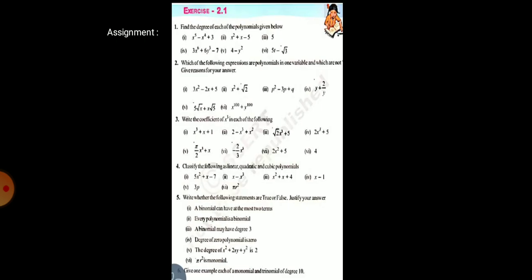Now, this is assignment 2.1 in your exercise. It's very easy. All of you can do it and get the satisfaction that you understood everything. And all of you should write every slide as notes in your classwork. The first chapter is already completed. Second chapter, don't lag behind.